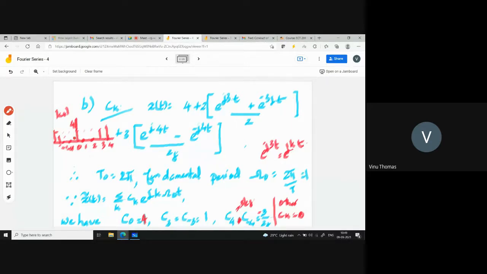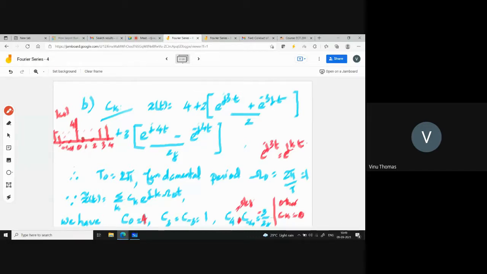So even though there is no fundamental frequency component here, the composite signal has got a frequency equal to 1 hertz, 1 radian per second. Is that understood? That's a very interesting result. Even without the fundamental frequency component, you have a composite periodic signal that has got a frequency equal to 1 radian per second.